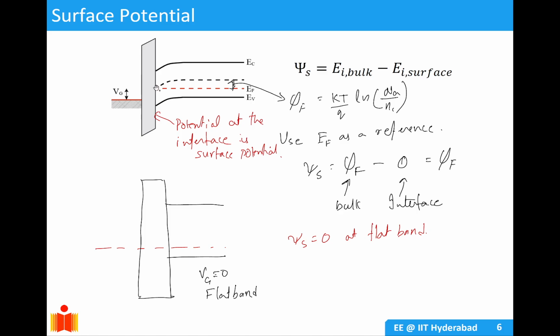So in that case, your Ei bulk minus Ei surface, if we take EF as reference for calculating Ei, then at bulk it's equal to phi F and at the surface it's equal to 0 because they are merging. So we calculate psi s equals phi F minus 0, equals phi F. So at the threshold, that is when both of them are touching each other, your psi s is equal to phi F.